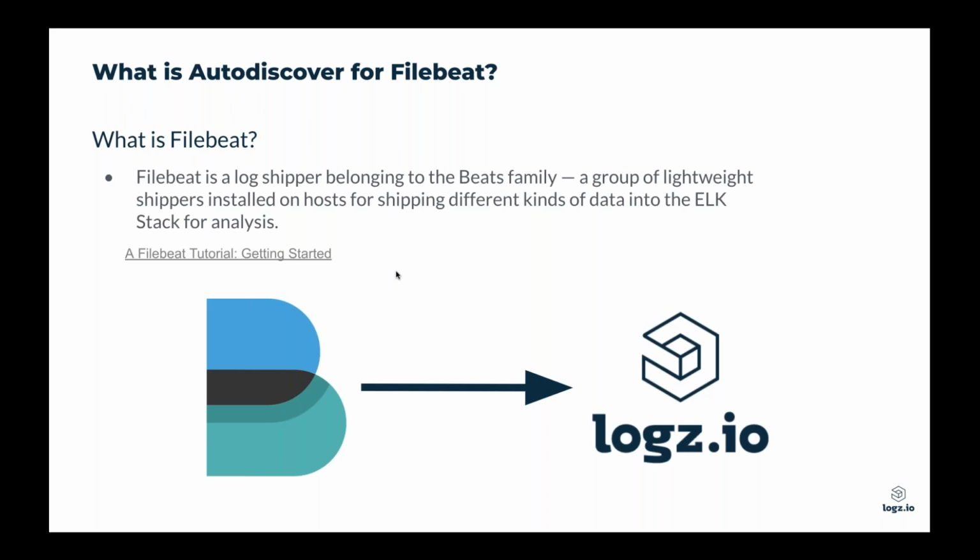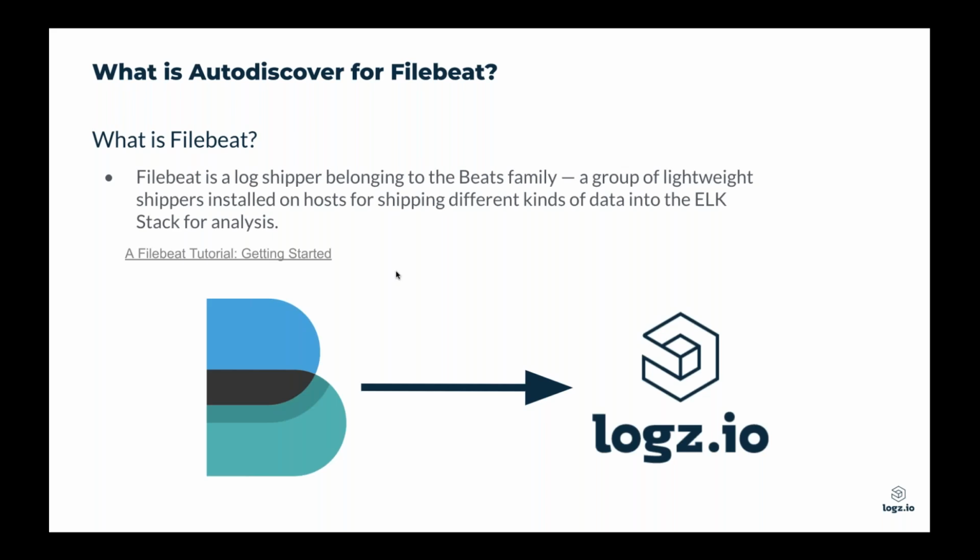Specifically, the feature of Autodiscover was added to FileBeat about a year ago, I guess, if I'm not mistaken. And this capability was, in a way, missing. In a wider context, when people are trying to generate logs and send them from a Kubernetes environment or Docker environment or basically a containerized environment, they usually opt for FluentD.